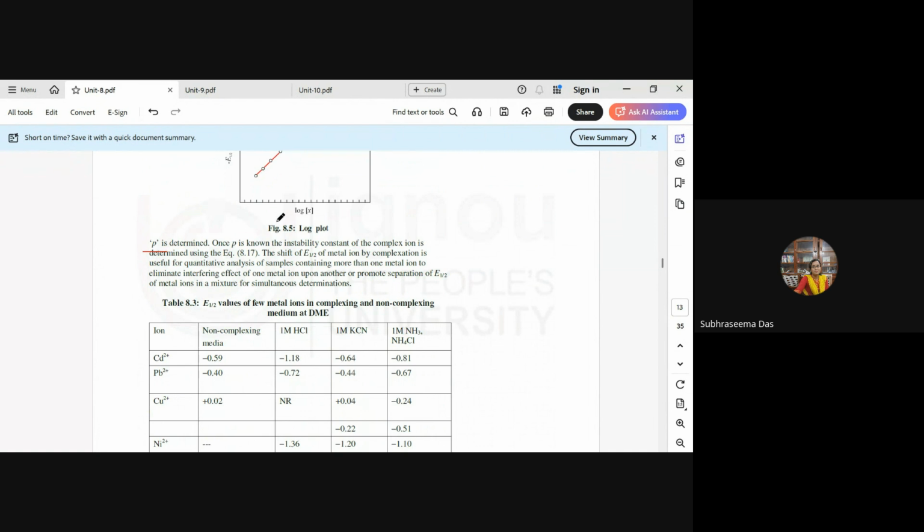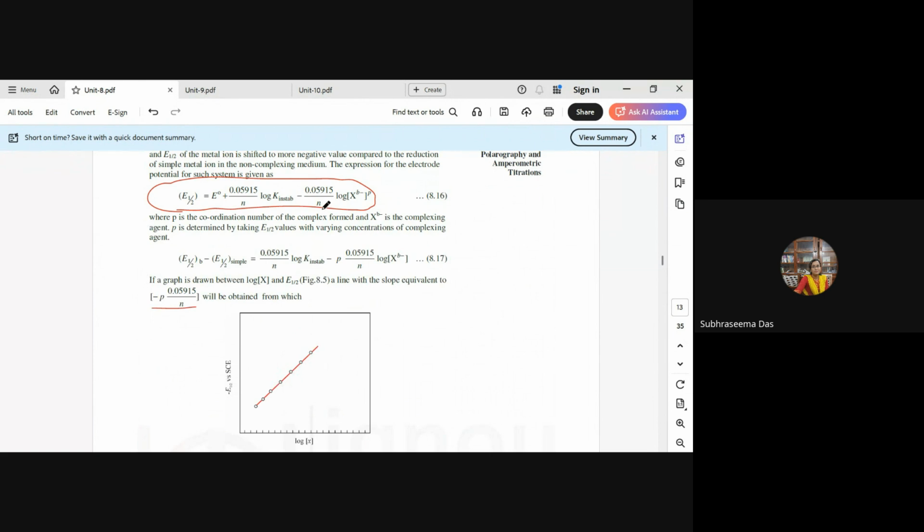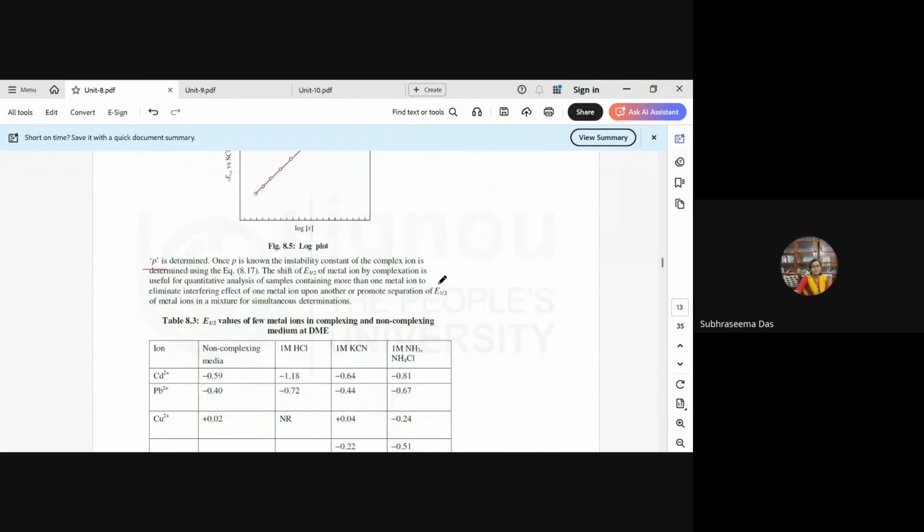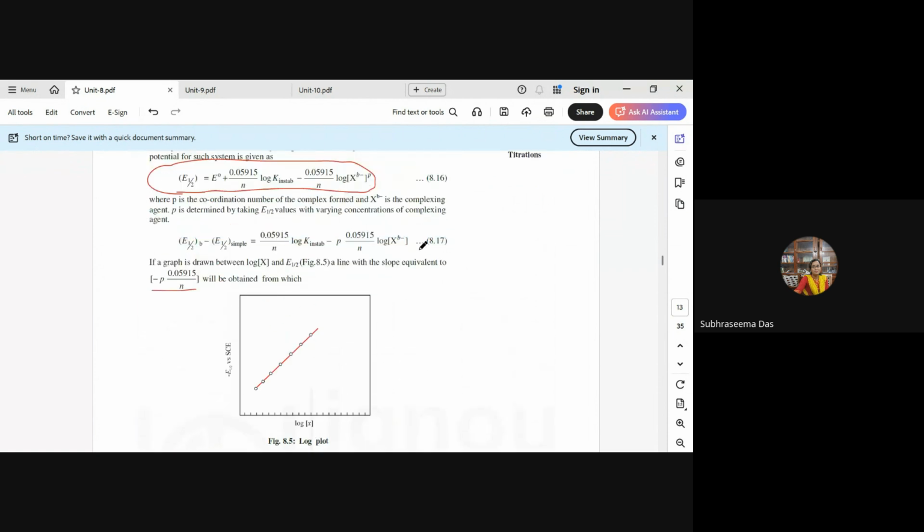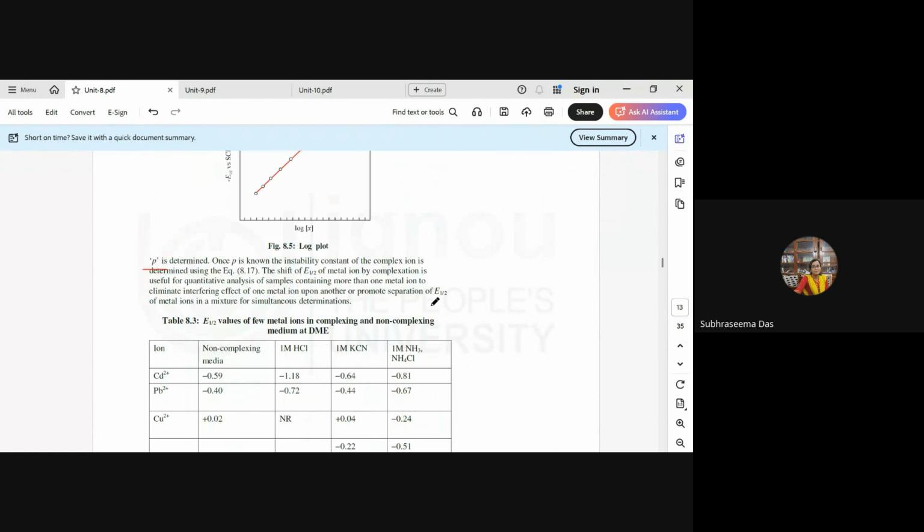Once we know p, the instability constant of the complex ion can be determined using equation 8.17. So this is how the E half value can be used to know the instability constant of a coordination compound.